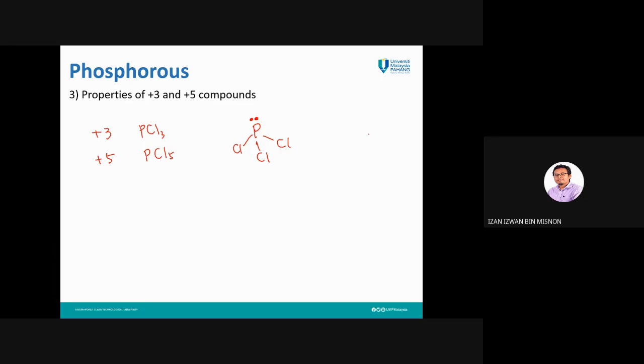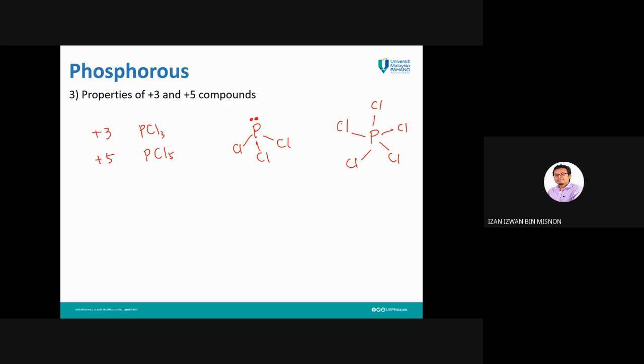And for PCl5, the remaining 2 electrons from PCl3 are used for bonding with another 2 chlorine atoms.